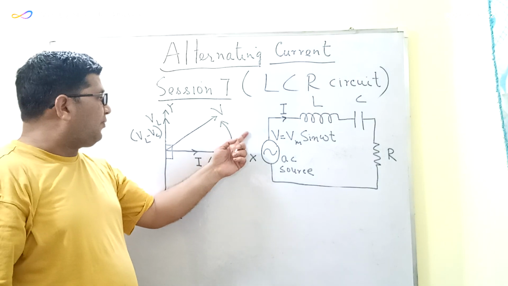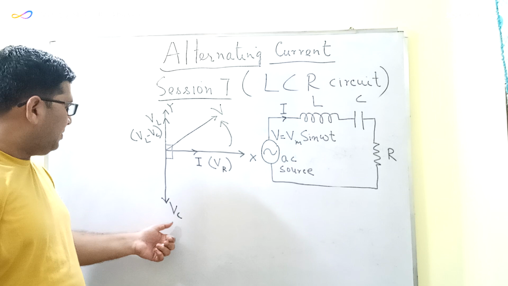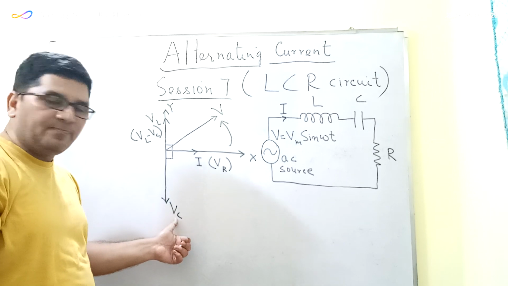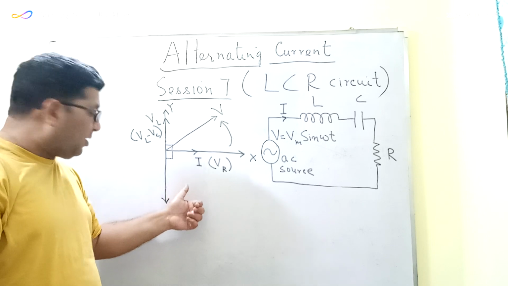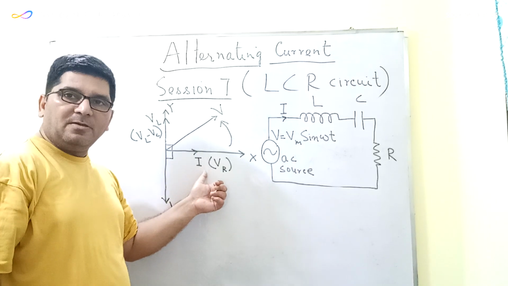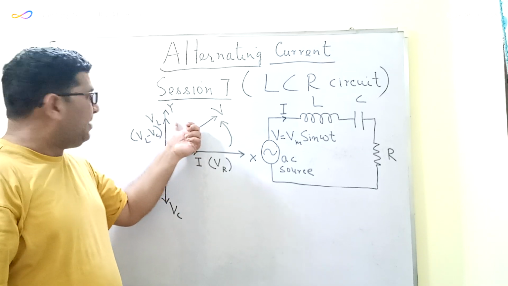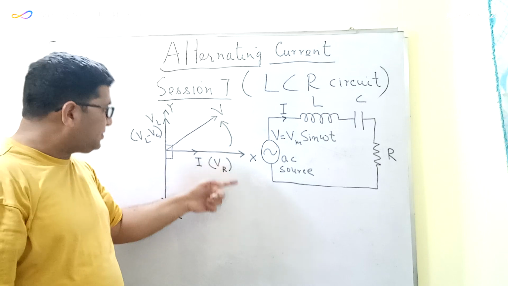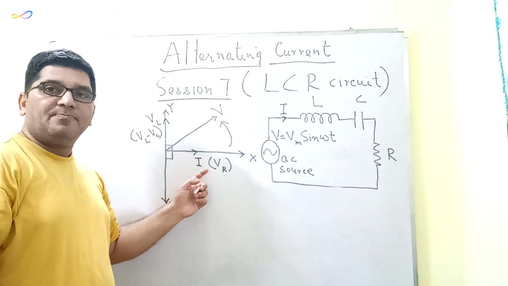Because of this, the potential difference across the capacitor will be along the negative y-axis, because it lags the current by pi by 2, and the potential difference across the inductor will be along the positive y-axis because it leads the current by pi by 2.